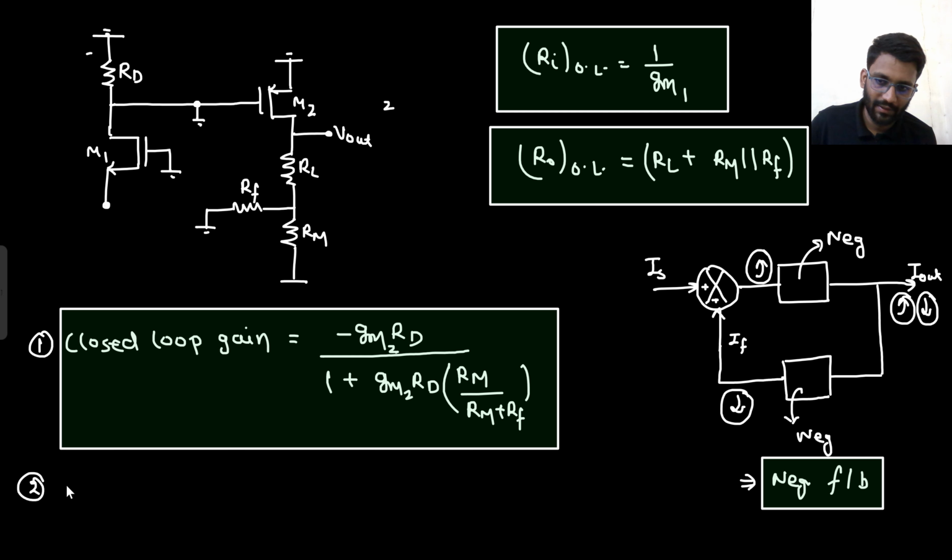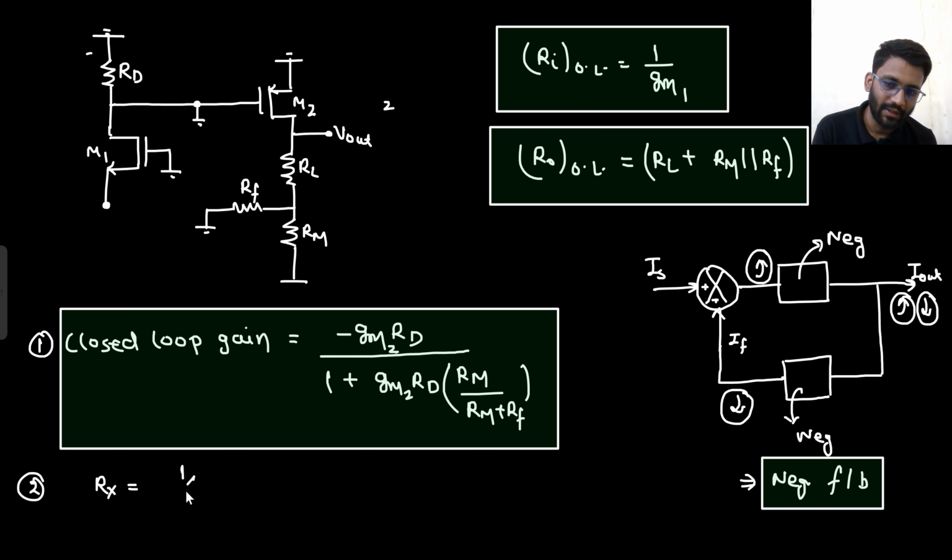Next I can write closed loop. Forget about closed loop; you just need to write the closed loop impedance, that is 1 by gm1. You need impedance to be low. For a current amplifier, you need input impedance to be low.